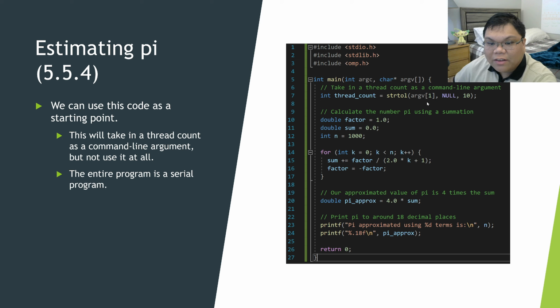We don't really need the thread count just yet. If anything, this is just the same program meant for single-threaded execution. We are calculating the number pi using an infinite summation, but we are cutting it off at some number of terms.